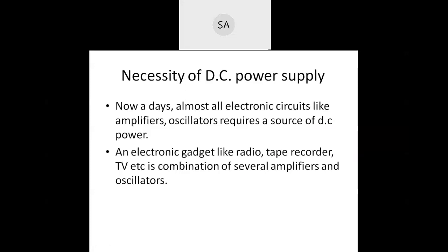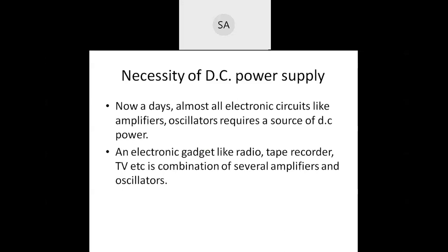So what is the necessity of the DC power supply for our electronic circuits? Nowadays almost all electronic circuits like amplifiers and oscillators require a source of DC power.